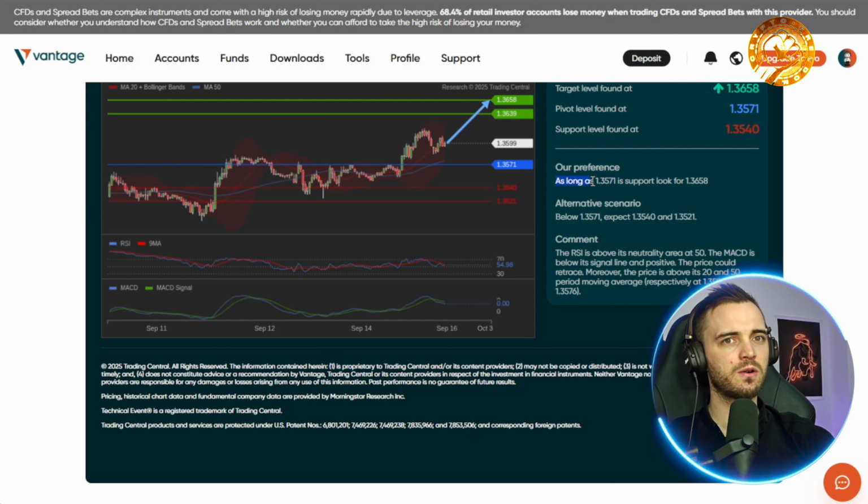So it says, as long as this price is support, look for this price. And if it goes below that, expect the lower price to be potentially a take profit on a short. We can also see some justification here of that as well. So this is based on the RSI, the MACD, and of course other things here as well, including supports and resistances.